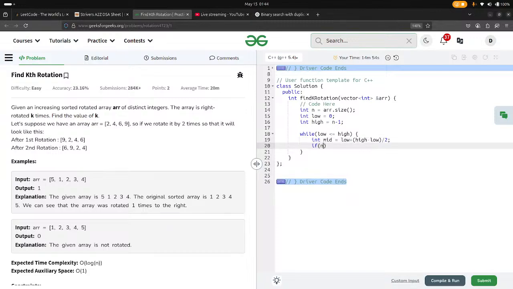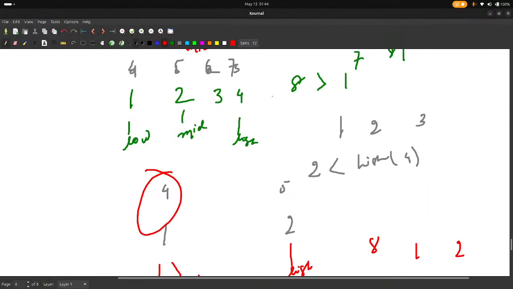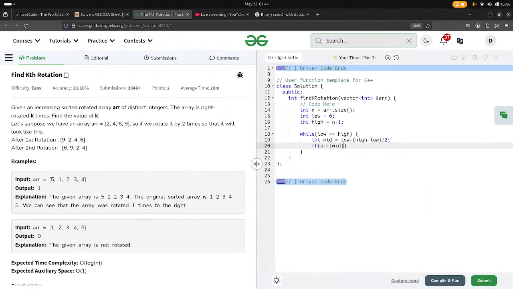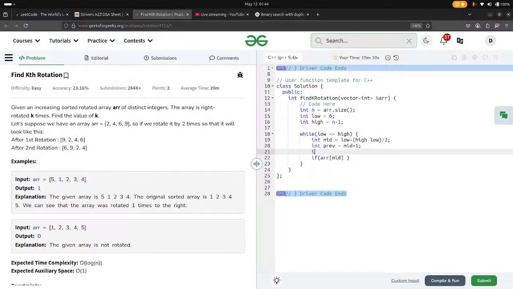Before that, let me calculate previous equals mid plus 1, and int next is mid minus 1. Okay, makes sense.